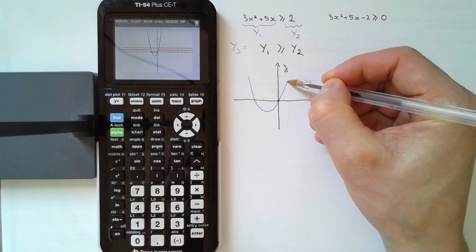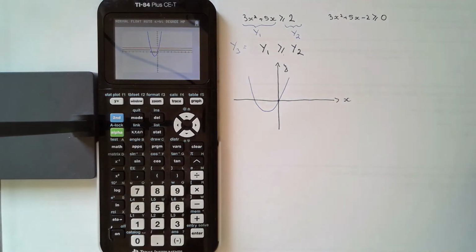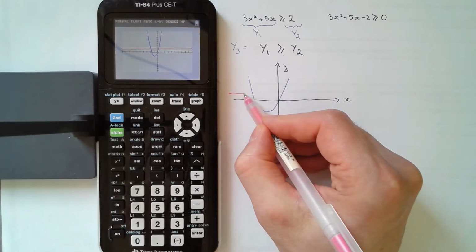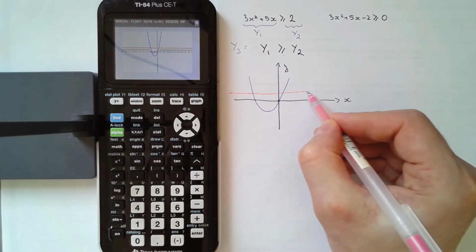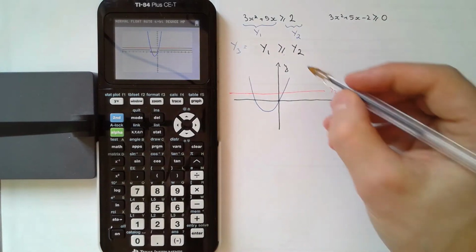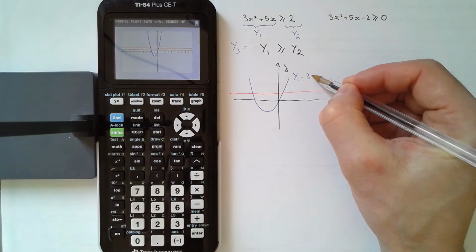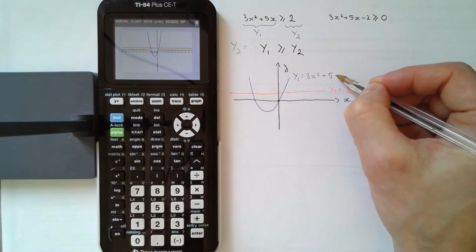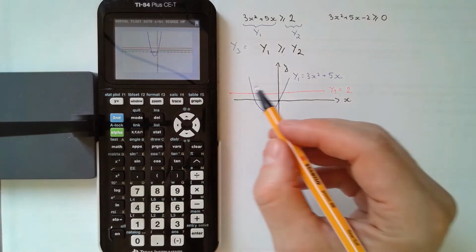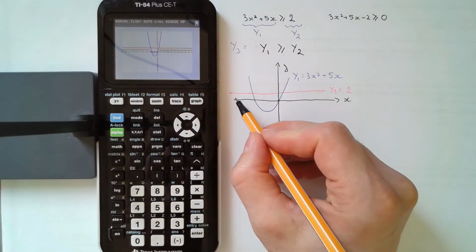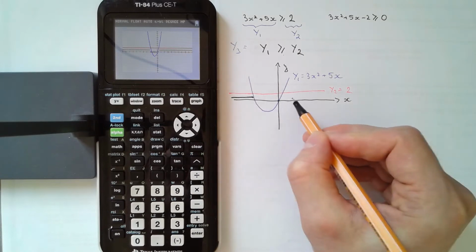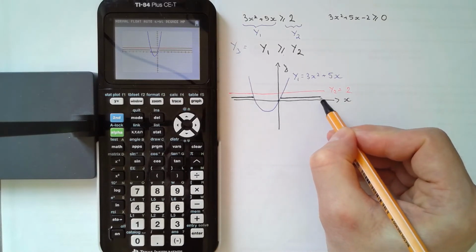Now the red is our equation of the line, y2 is equal to 2, and this one is y1 is equal to 3x squared plus 5x. And the black line, this one, is actually the comparison operator. So I'm going to draw here and there and a bit lower here in the middle.